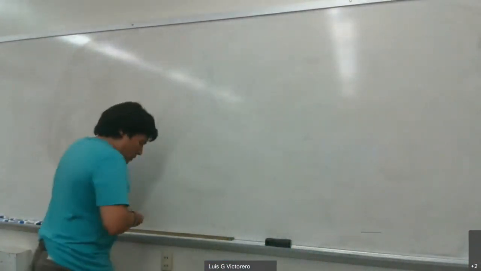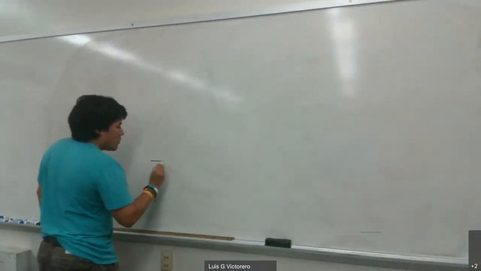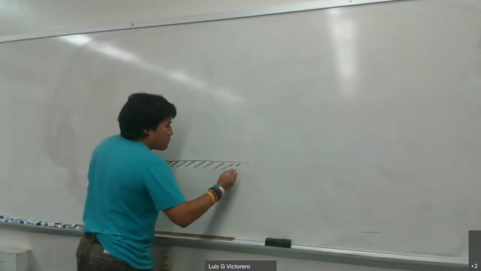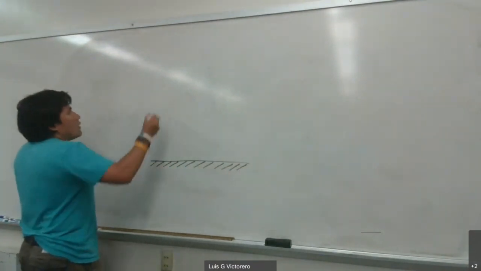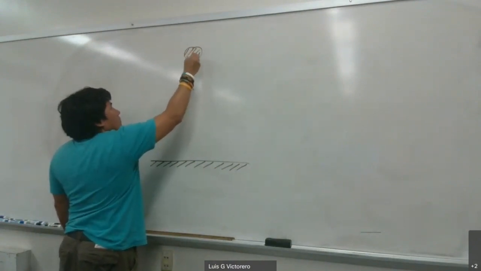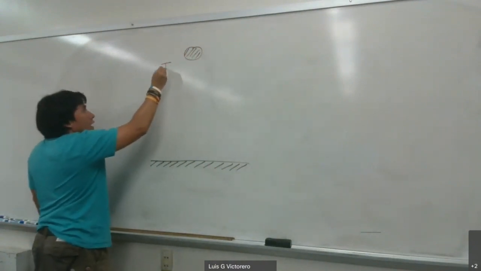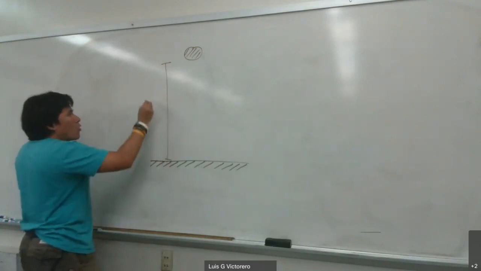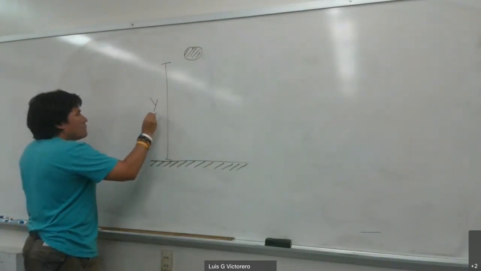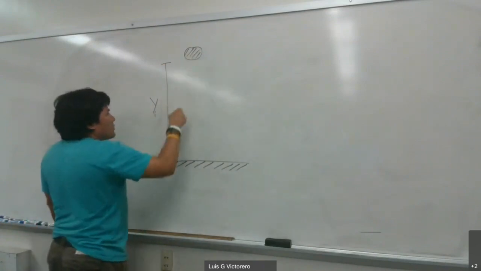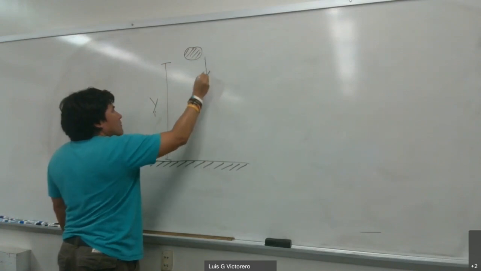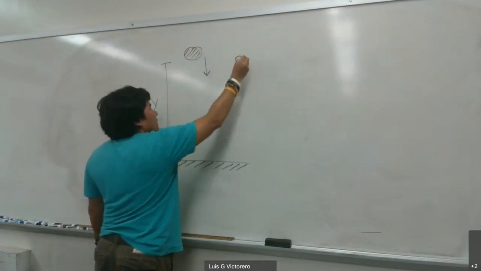So if we have, I'm just going to use the ground as your reference for this problem. You have a mass at a certain height, which is called y initial, and then it's going to drop due to gravity. So gravity is always acting, right?